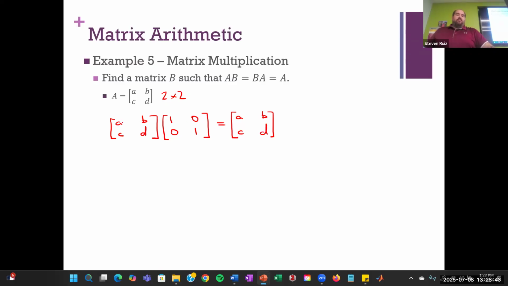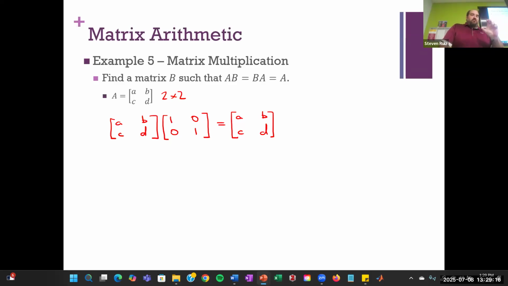First row times second column, a times 0 plus b times 1. That's just b. And that'll shake out the same way with the second row. c times 1 plus d times 0 is c. So this matrix right here will work, and I could multiply it on either side. Here I'm multiplying on the right, but you could also multiply from the left, and it would still give you A.